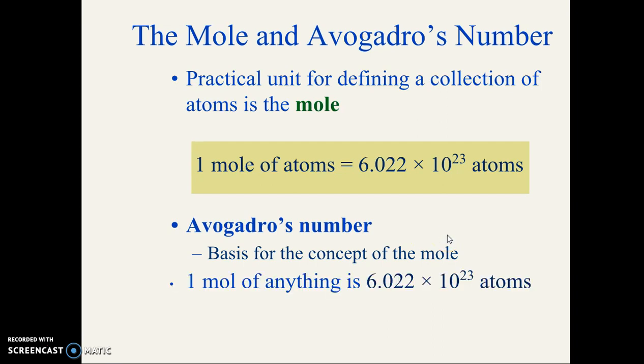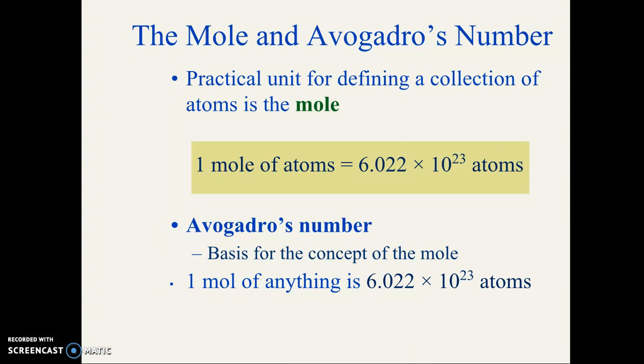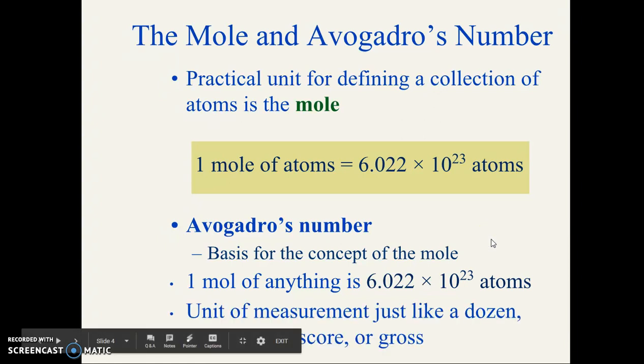So if I had 2 moles, then I would have 6.022 times 10 to the 23rd times 2. But 1 mole of anything is going to be the 6.022 times 10 to the 23rd. We just tend to think about it in terms of atoms. It's much easier to use this kind of arbitrary counting unit than to give the actual amount of atoms that are existing in a sample.